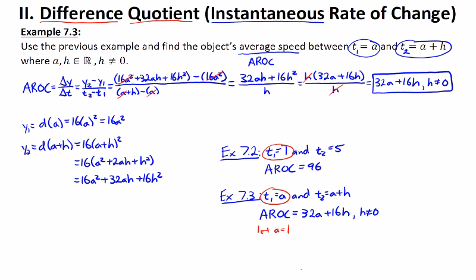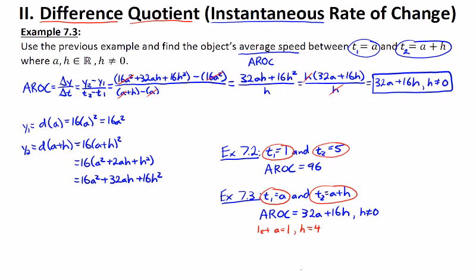And then if I wanted t2 being 5 to correlate to t2 being a plus h, then the only way I can make that happen is if I let h be equal to 4, because then 1 plus 4 would give me 5. So it is possible to pick a and h so that it ends up matching t1 being 1 and t2 being 5.